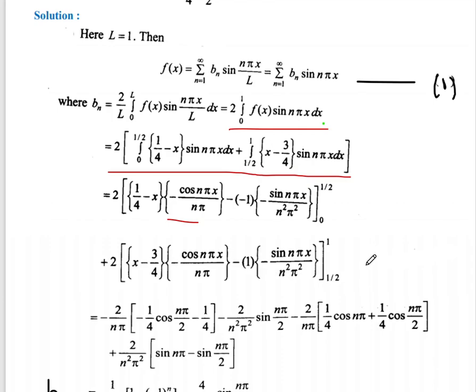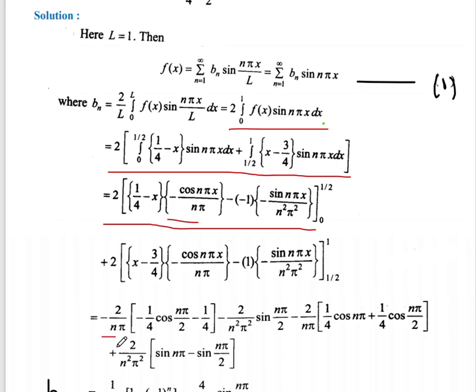Now we will put upper limit minus lower limit. By putting the upper limit instead of x and the lower limit instead of x in this bracket, you will get this term.